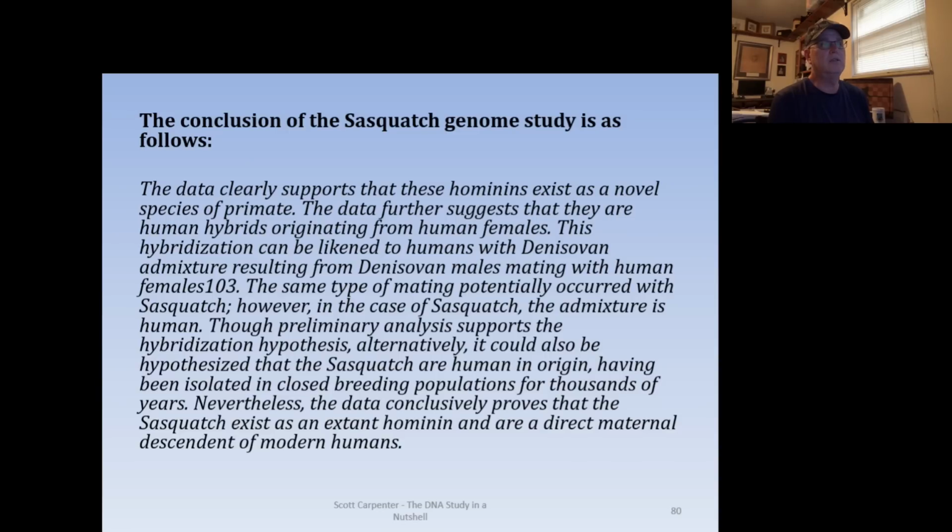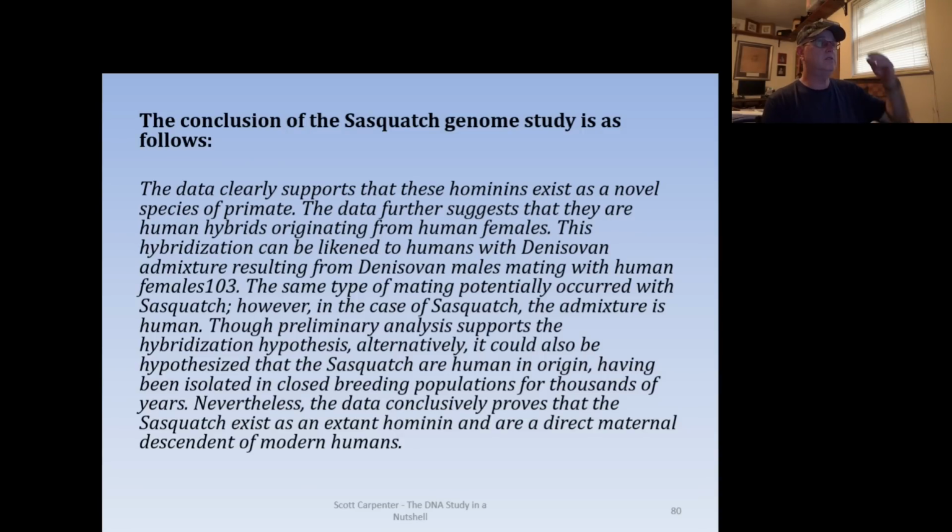In other words, just as the Denisovans and humans had a mixture resulting in males mating with human females, the same thing happened with the Sasquatch. You had whatever the originating male for the Sasquatch species mated with a human female.